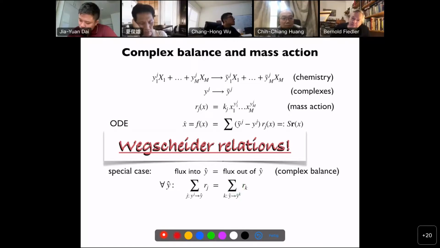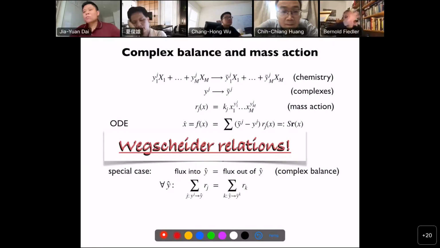For example, if you have a cycle, something that Wegscheider studied in the beginning of the 20th century, then you can multiply all the reaction rates and cancel the reaction rate coefficients in mass action for the forward and for the backward, because the forward has to equal the backward rate at each point. Okay.